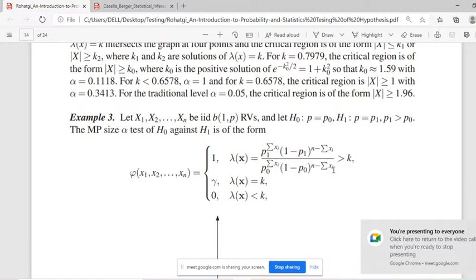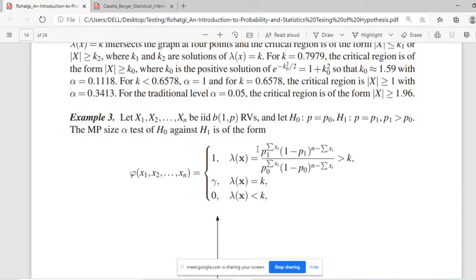Below we can see that this is the joint density when the null hypothesis is true, that is f0. So in the Neyman-Pearson lemma we are considering f1 of x by f0 of x.